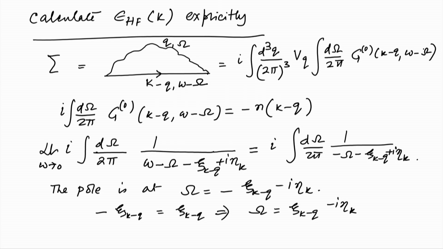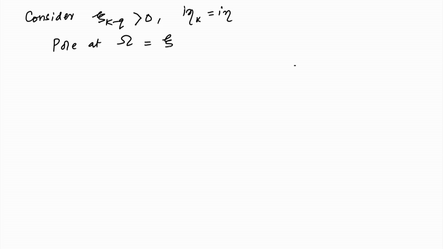Now, consider xi k minus q greater than 0 and I eta k equal to I eta, taking the sign of the xi k. So, the pole is at omega equal to psi k minus q minus I eta. So, now the pole is in the lower half, and the pole is not in the upper half. So, the integral is equal to 0.